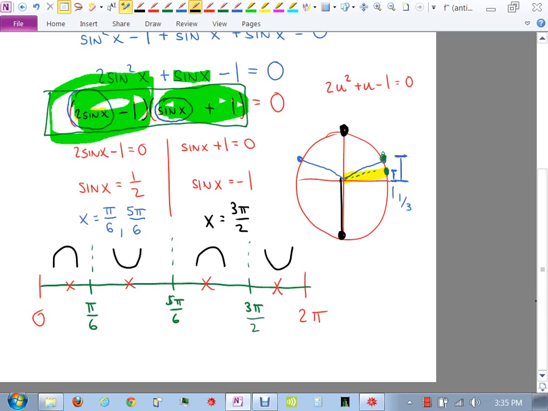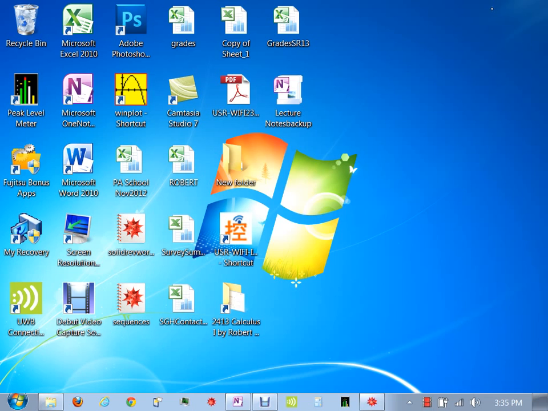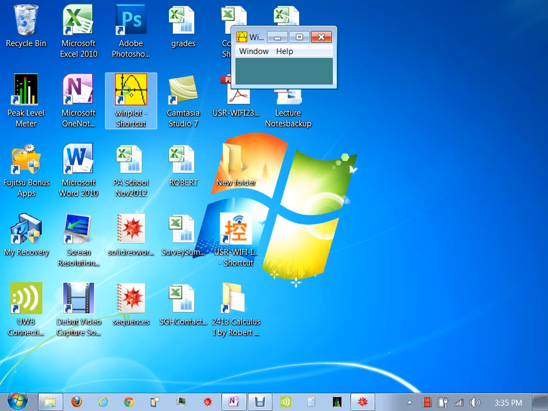Do we have inflection points? Where are they? Pi over 6, 5 pi over 6, 3 pi over 2, right? Okay. I wanted to do that problem just to show you the sort of trig stuff you can run into.